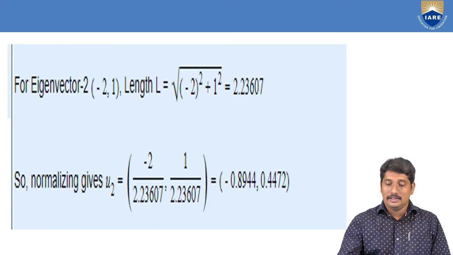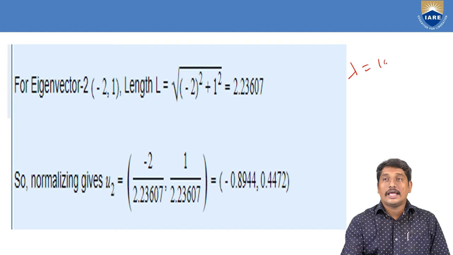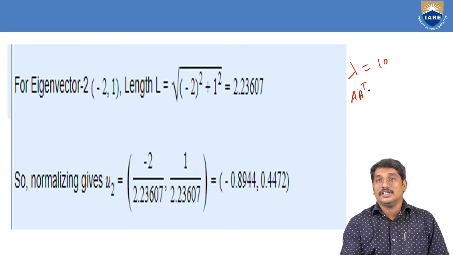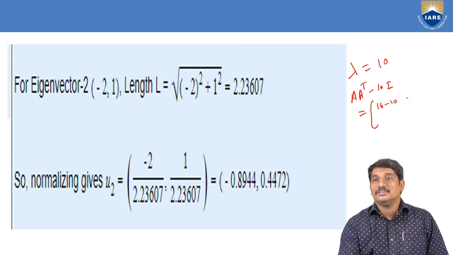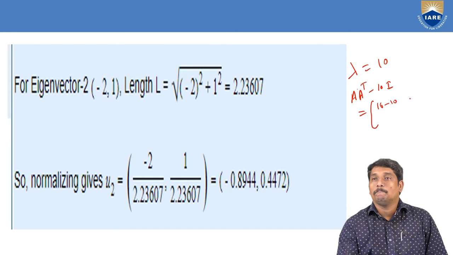So here we are calculating in the same way. We have another eigenvalue, lambda is equal to 10, and corresponding to this eigenvalue we can take A into A transpose minus 10I, which is nothing but 16 minus 10, 12, 12 and 34 minus 10.